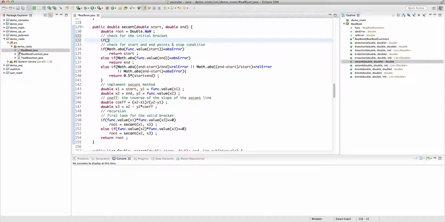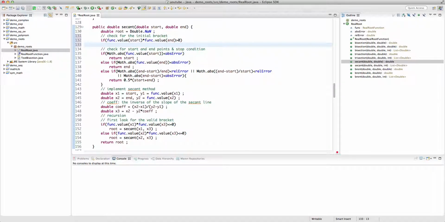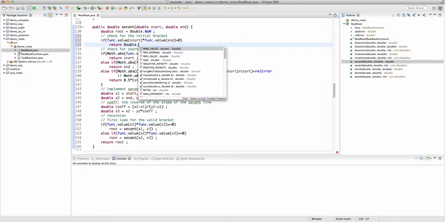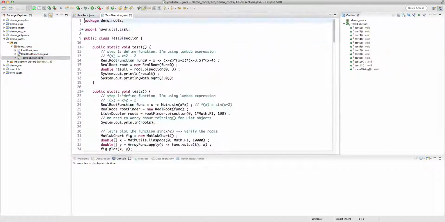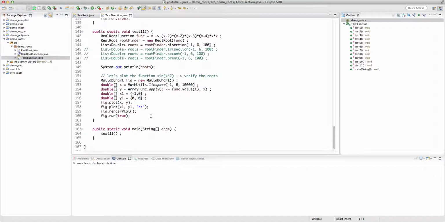So if func.val start times func.val end is greater than 0, then we don't have an initial valid bracket, so we're just going to return double.nan. Okay, so we can throw an exception or just return nan. Okay, now let's head to our test class and try to test it.